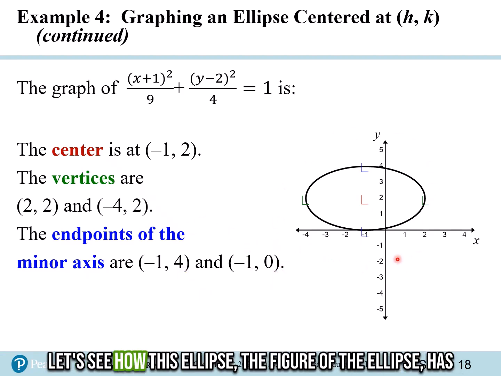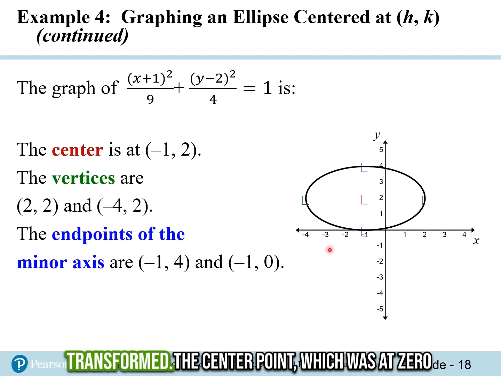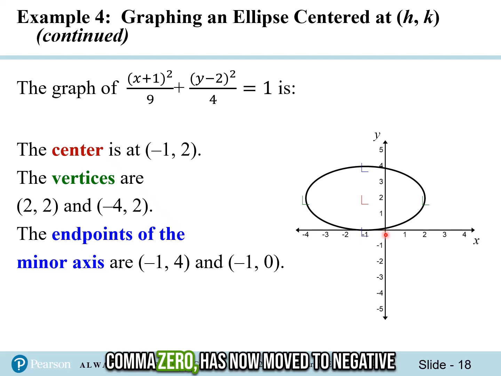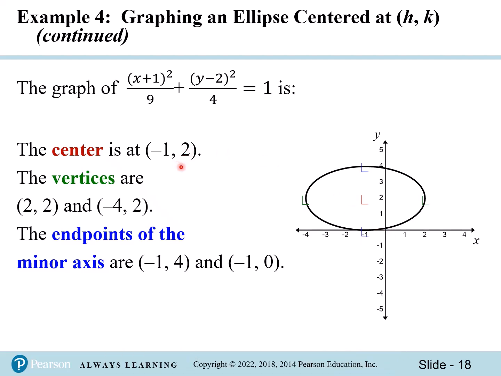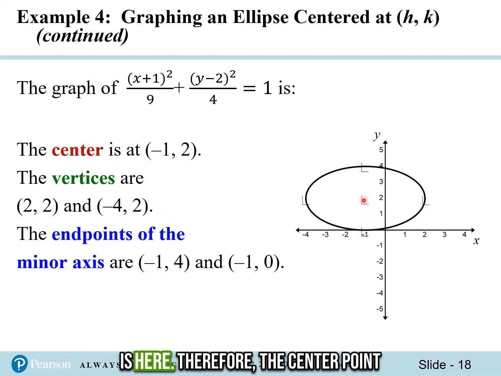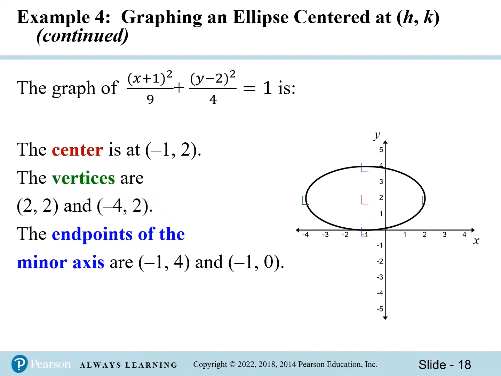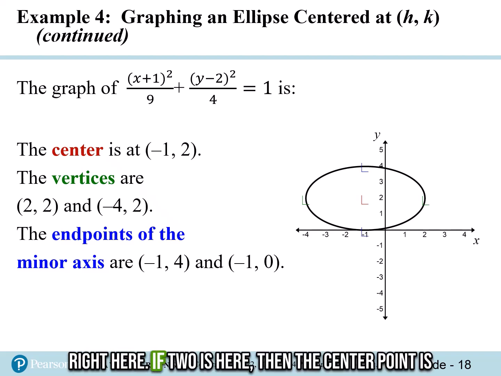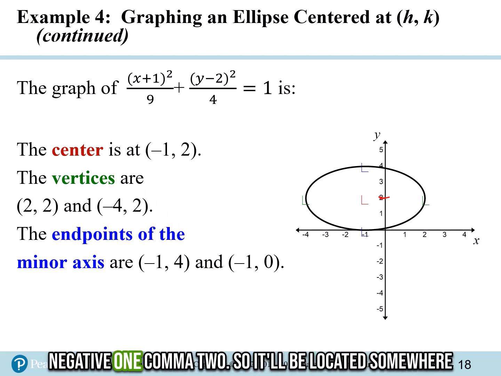So let's see how this ellipse, the figure of the ellipse, has transformed. The center point, which was at (0, 0), has now moved to (-1, 2). So -1 is here and +2 is here. Therefore, the center point is located right here.